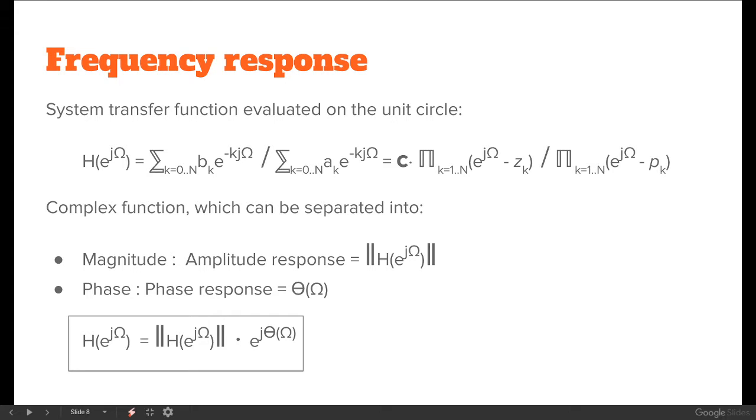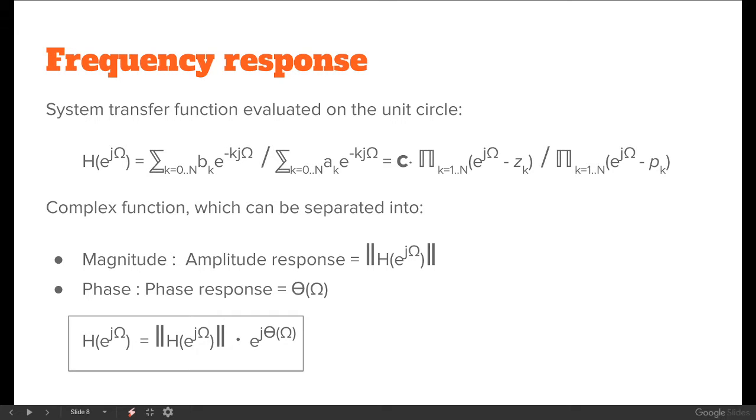Graphically, this here is the distance from this e to j omega point to here. And that number is multiplied by this distance. So that distance is e to j omega minus z1. This is e to j omega minus z2. So those are distances to the zero points.